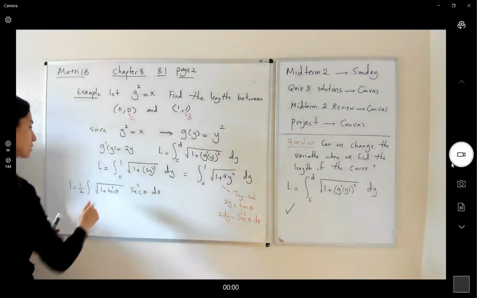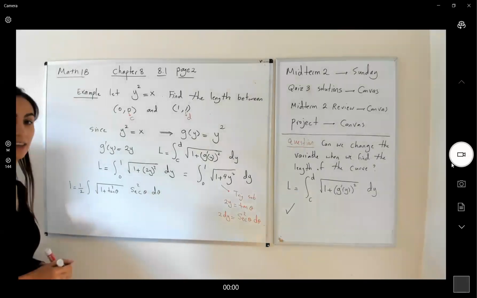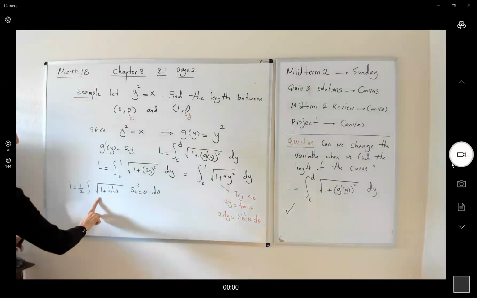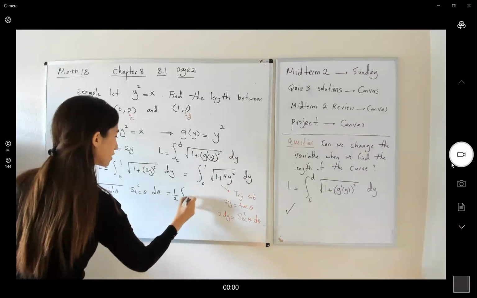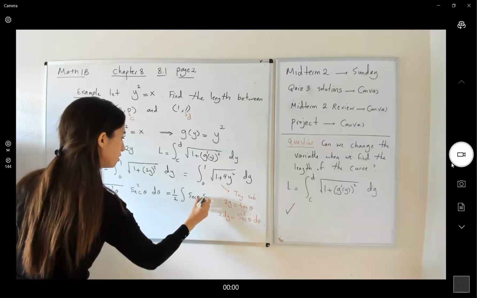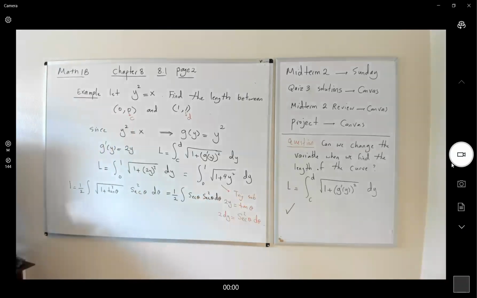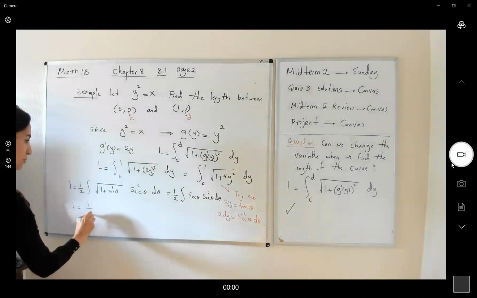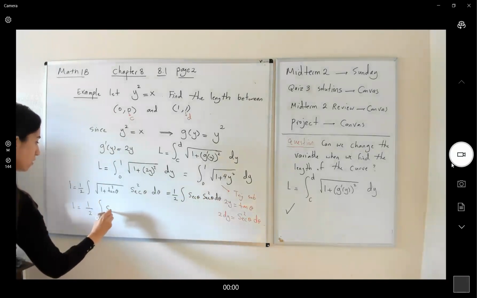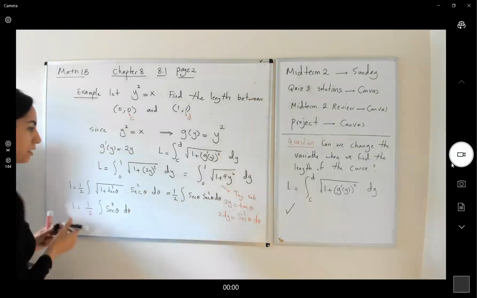We all know that the square root of 1 plus tangent squared is equal to secant. So from the integral, you get a half integral of secant theta times secant squared theta, d theta. This integral is equal to a half integral of secant cubed theta, d theta.